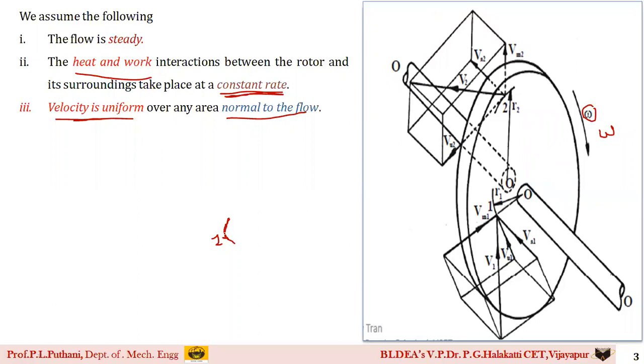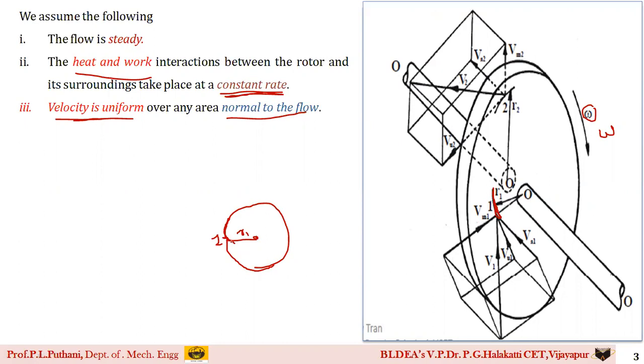If I traverse in the direction of this rotor, and this is the center of the shaft, then this is my radius r1. So at point 1, at radius r1 from the center of the shaft, the fluid enters, as I have shown here.